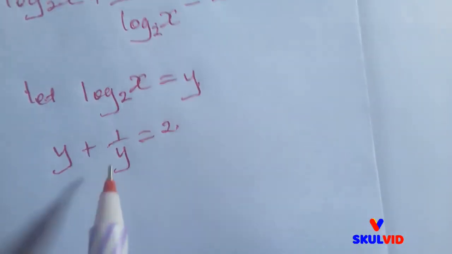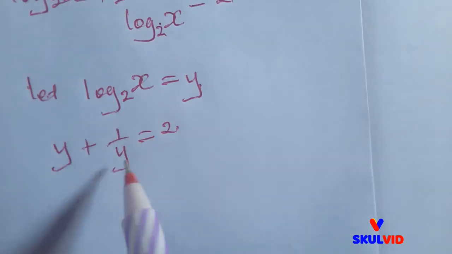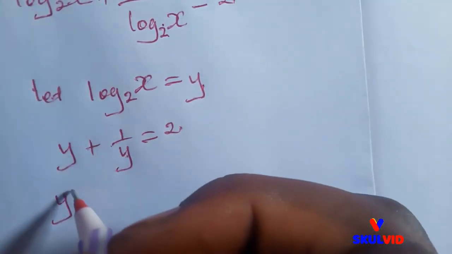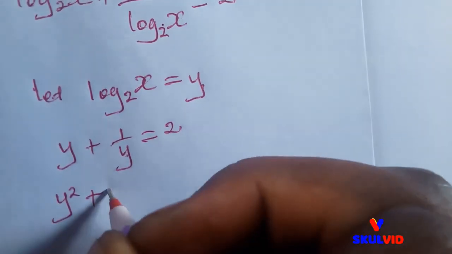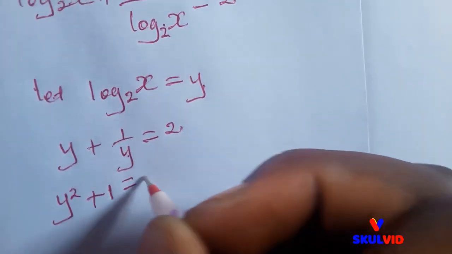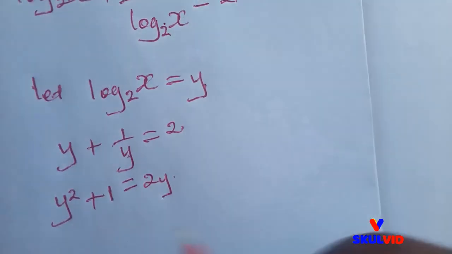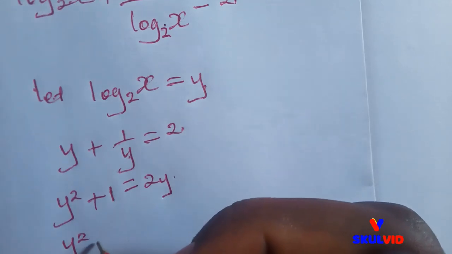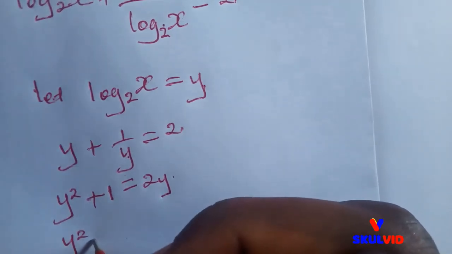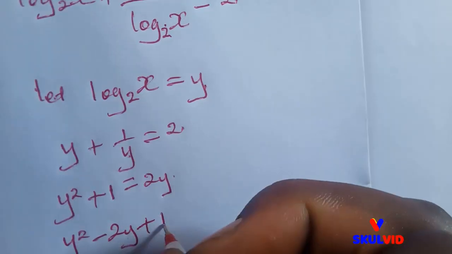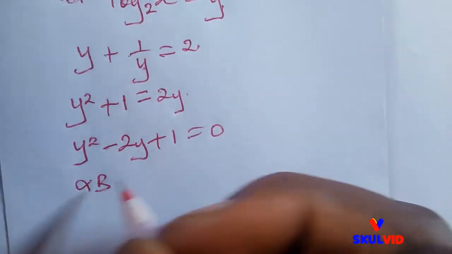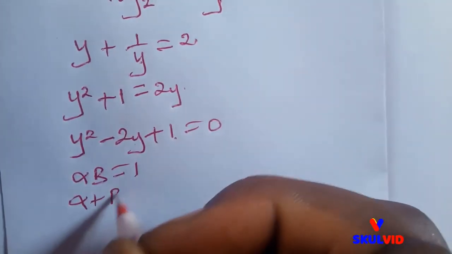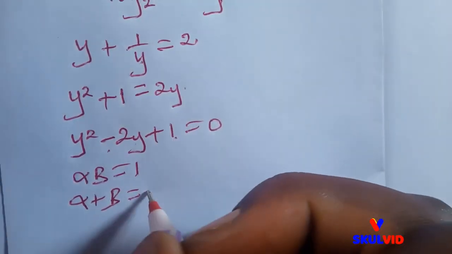And I move ahead to solve this by forming a quadratic equation, multiplying every term by y. So y multiplied by y, we have y squared plus 1 equal to 2y. And my quadratic equation is y squared minus 2y plus 1 equal to 0. The product is 1 and my sum is negative 2.